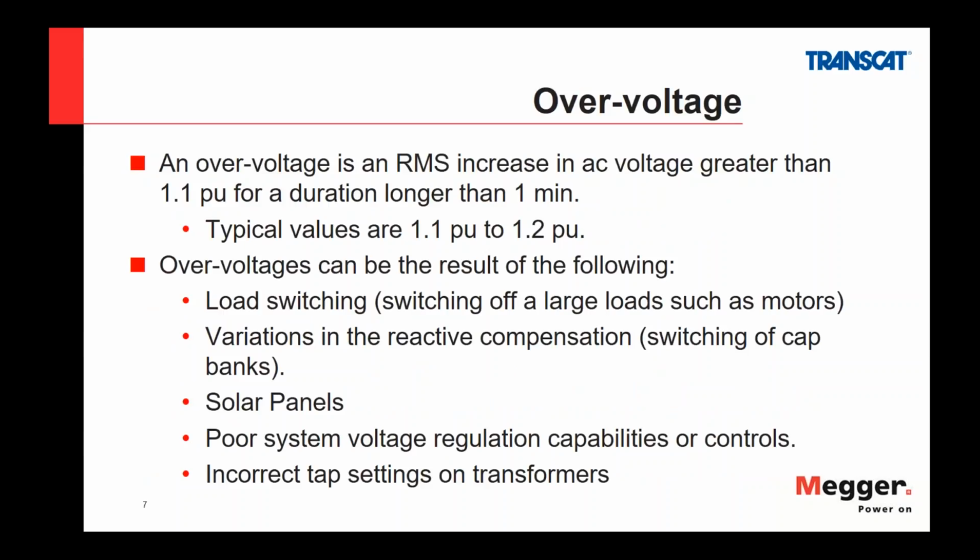An overvoltage is an RMS increase in the AC voltage greater than 1.1 pu for longer than 1 minute.